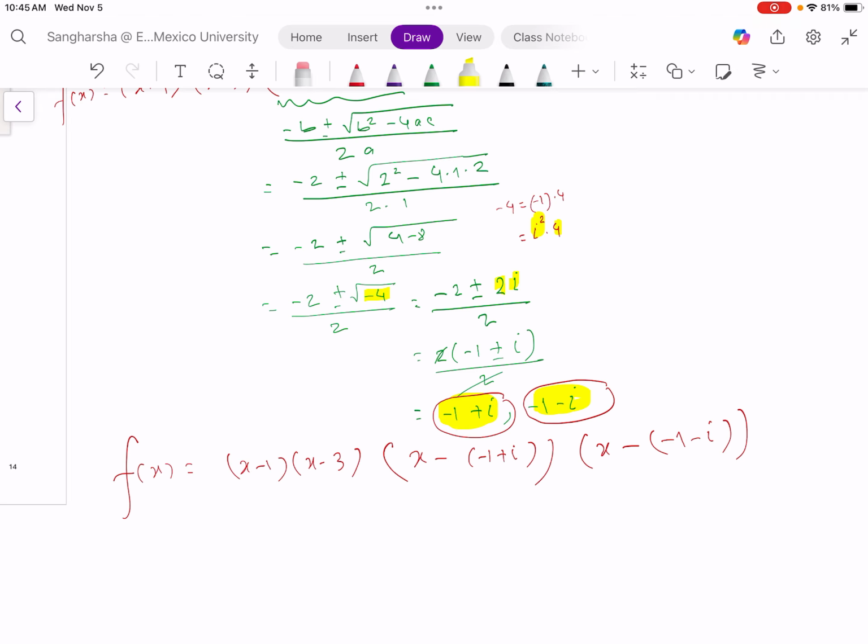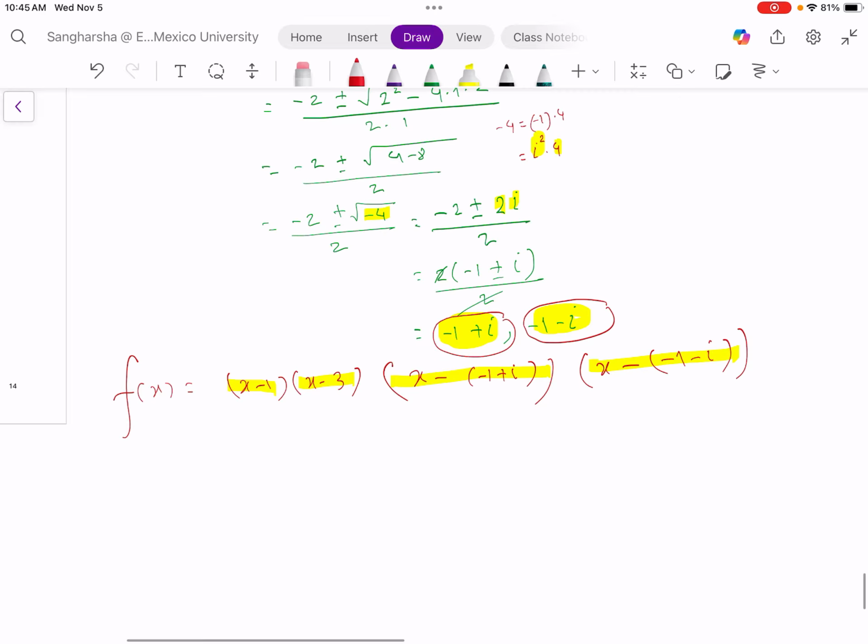So we have one factor, two factors, three factors, four factors. This function has four zeros: when x is 1, 1 is a zero, 3 is a zero, from here negative 1 plus i is a zero, and from here negative 1 minus i is a zero.